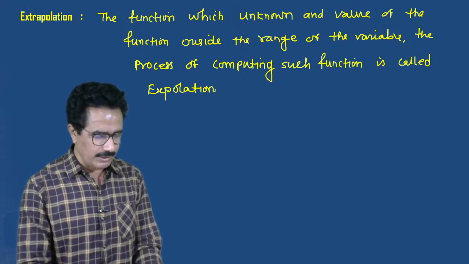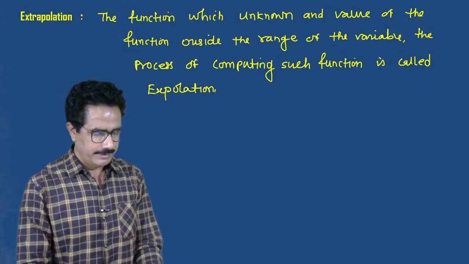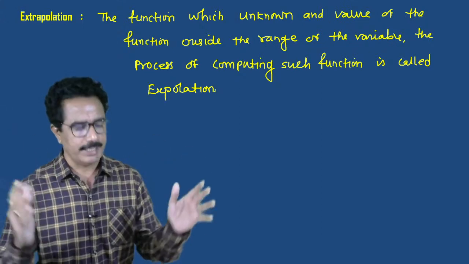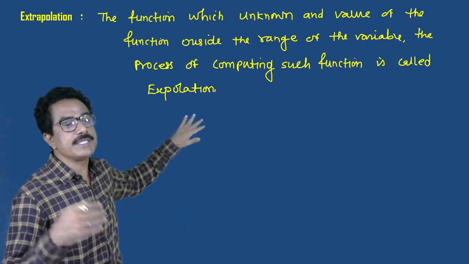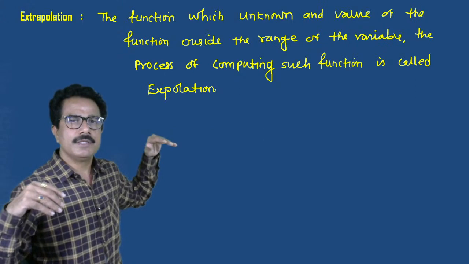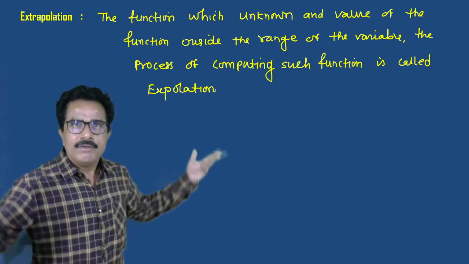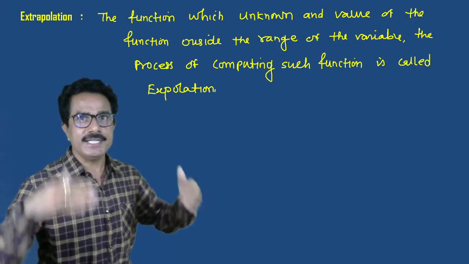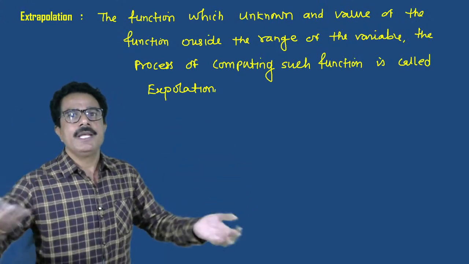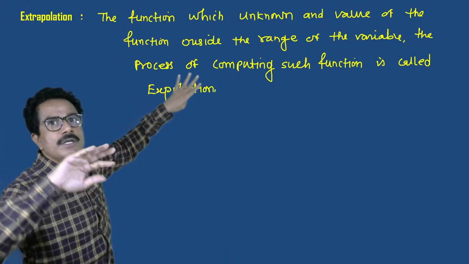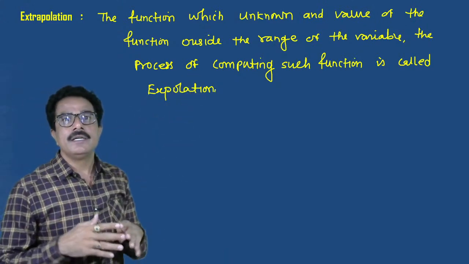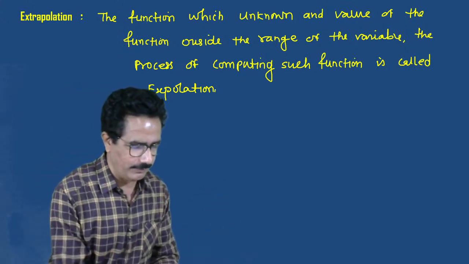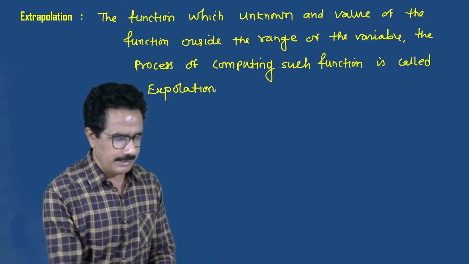Extrapolation means the unknown term is out of the range, then that process is called extrapolation. Both processes find the unknown term, but interpolation finds the intermediate term, while extrapolation finds the term which is outside the range.